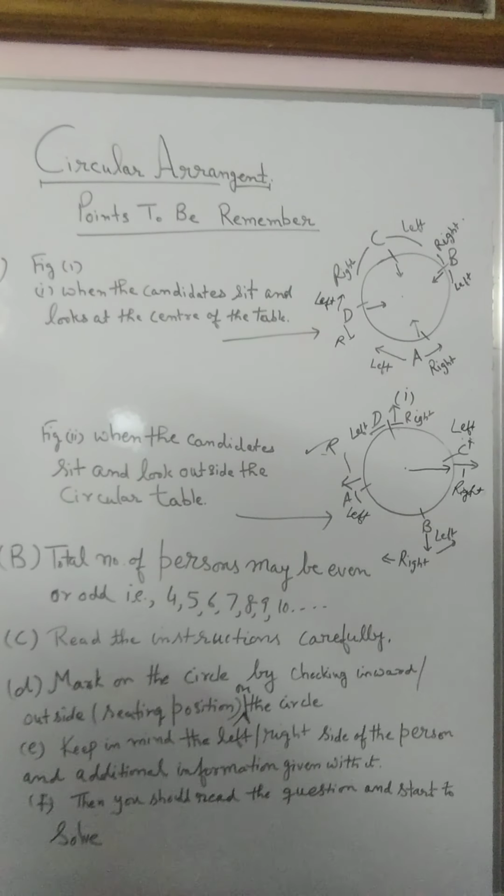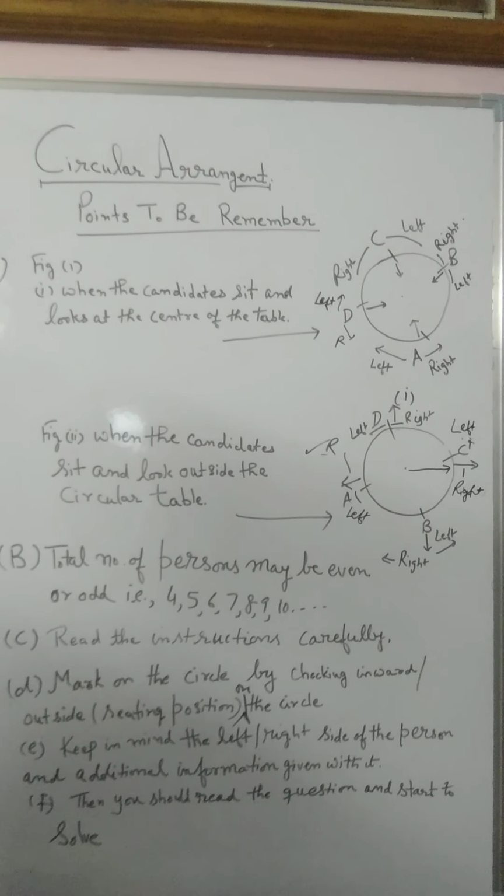Now I have given you the theory part of this topic regarding sitting arrangement, and in the next module I will come with examples based on these circular arrangements, thereafter square or rectangular arrangements, and row as well as column arrangements.